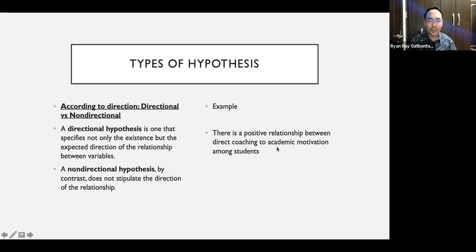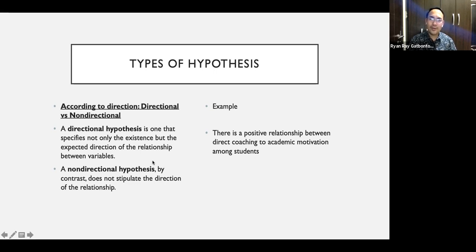That also denotes direction of the relationship. So if you encounter any words that denote direction, or leaning to any side, that's already considered a directional hypothesis.